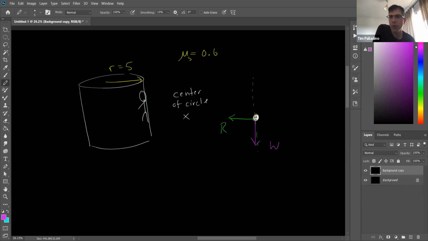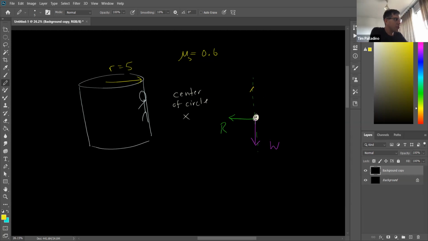What other force is still acting on this person? Friction. What direction is friction acting? In this case, the frictional force is going to act in the upward direction. Let me back that up a little.